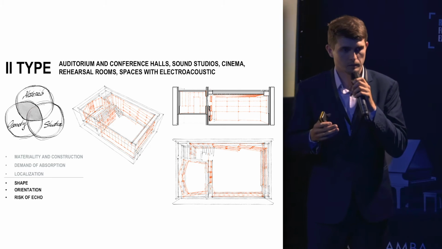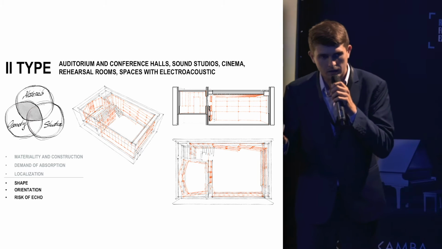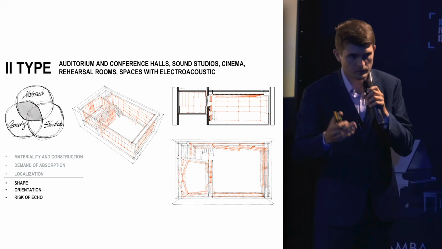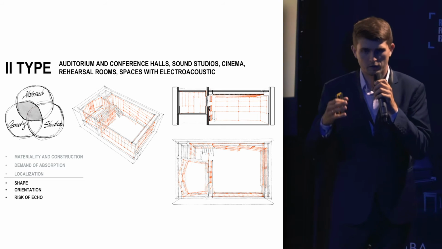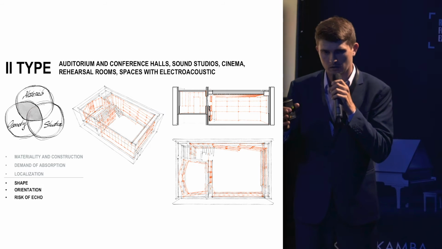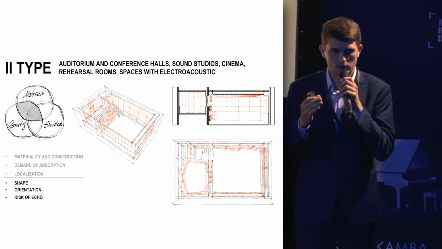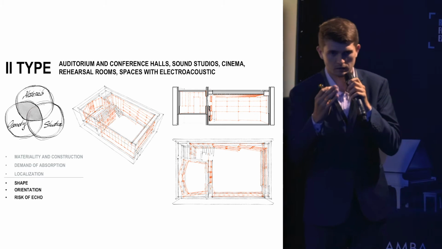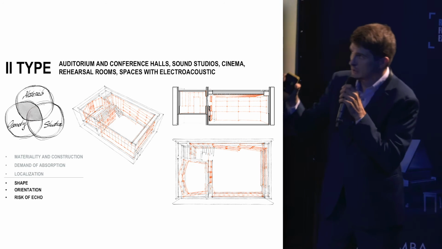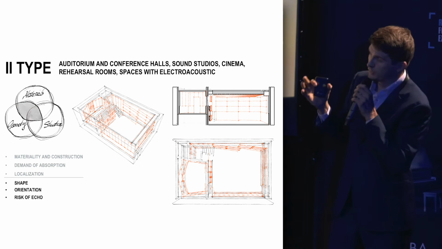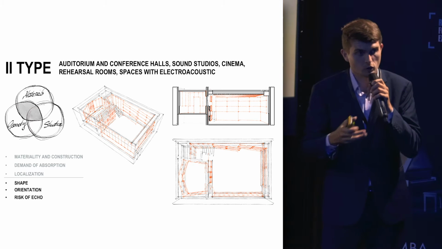If we have big spaces in front of us, 70 meters or further, there can be an echo. Echo isn't reverberation. Echo is a very clear, very straight sound reflected from the back wall. Usually you can find it in theaters, the back walls of theaters, concert halls, even conference rooms.